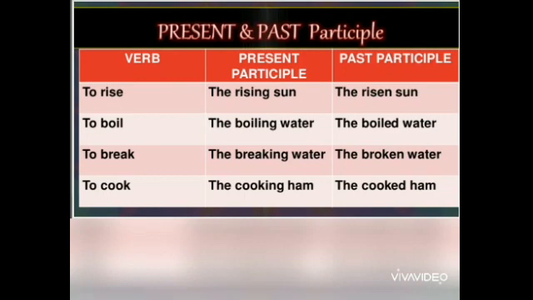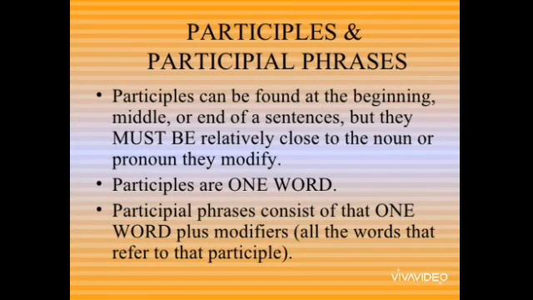To cook, the cooking ham is a present participle and the cooked ham will be the past action, so it is the past participle. Participles can be found at the beginning, middle or end of a sentence, but they must be relatively close to the noun or pronoun they modify.